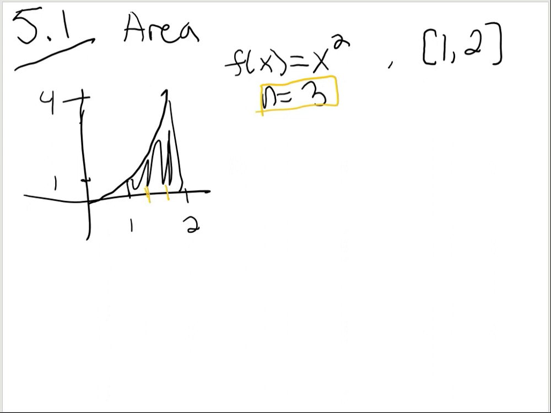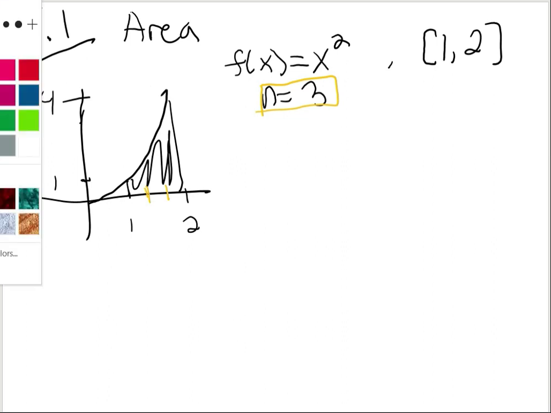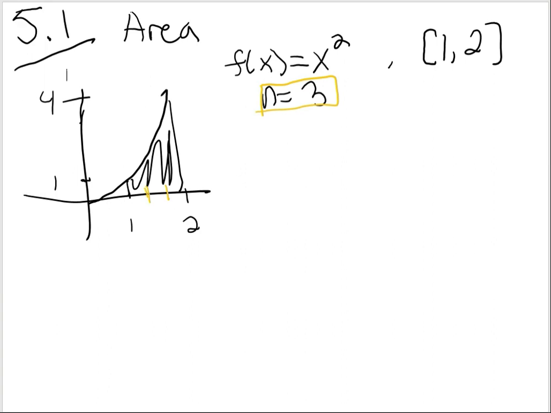If I split it up into 3 equal pieces, I could say, well, what's the length of each piece? I'll call that delta x, just for notation that we'll use later. That will be the length of the interval, so 2 minus 1, over how many rectangles we have, 3. So my length of these intervals is 1/3. I could write out what this little part is.